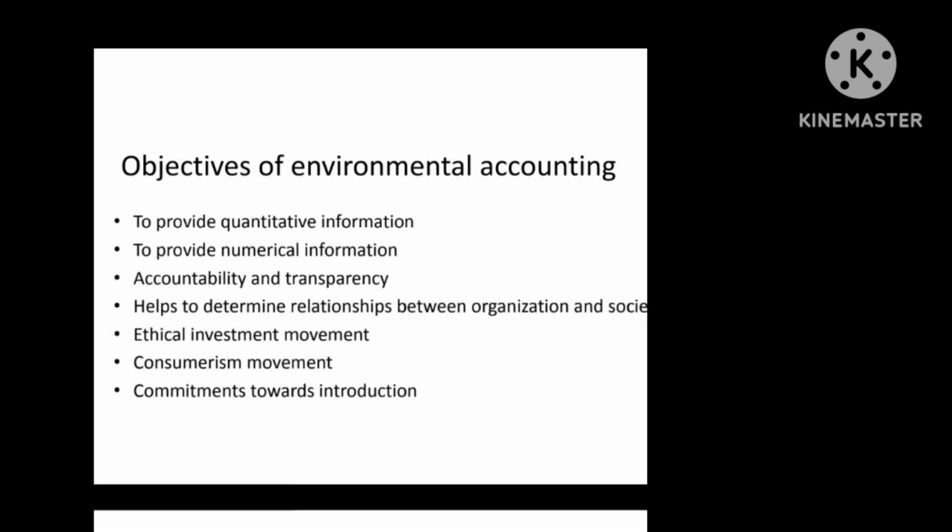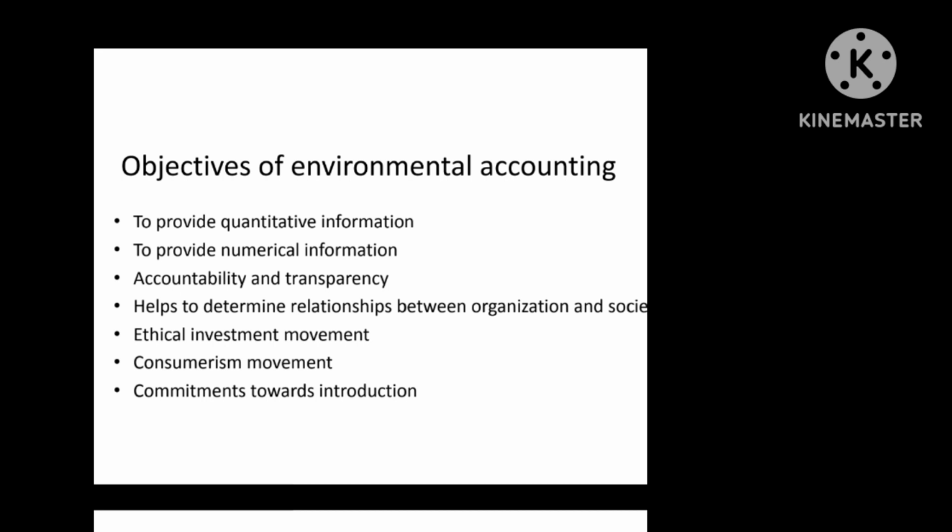This has certain objectives, to name a few: to provide quantitative information. Usually everything related to environment is calculated on a qualitative basis, but this helps you to measure on a quantitative basis.